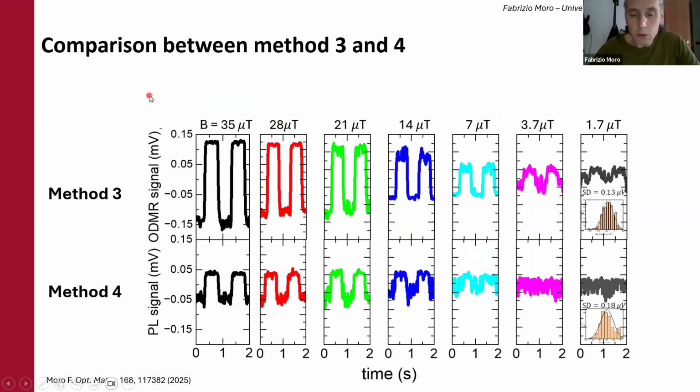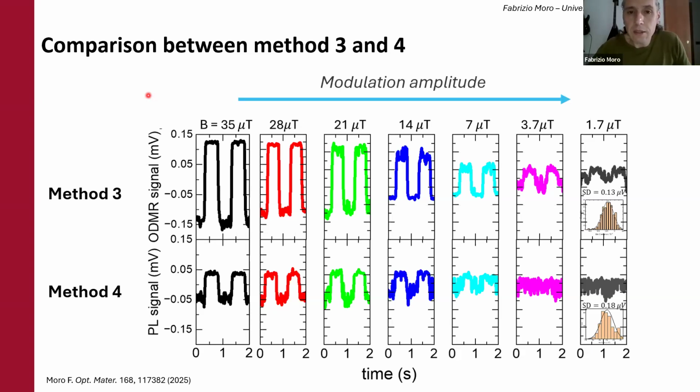So a key point to make methods 3 and 4 advantageous compared to the bias field method is to determine the smallest magnetic field that you can use for your modulation amplitude in order to still be able to detect the magnetic field polarity from your sample.